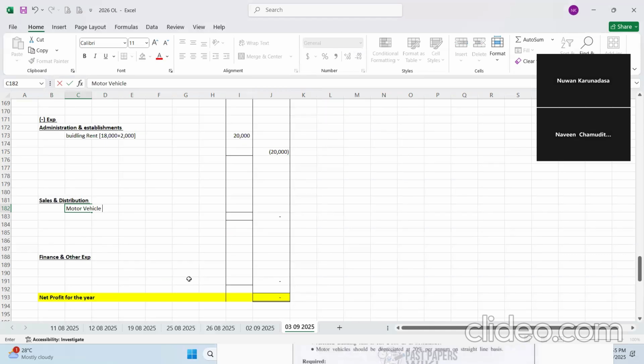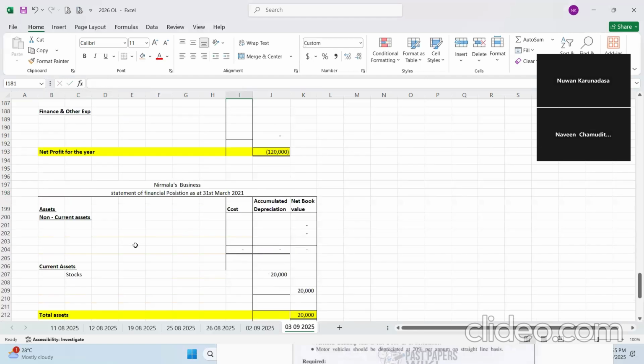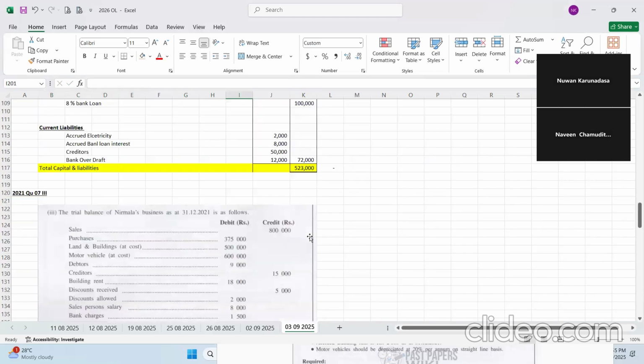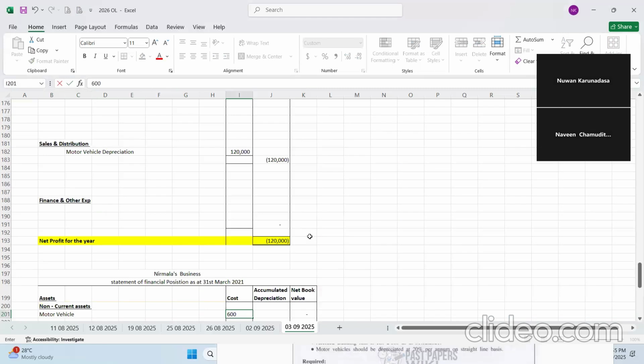Motor vehicle depreciation came 120,000. Then go to the statement of financial position, non-current assets, motor vehicle. The cost of the motor vehicle is 600,000.